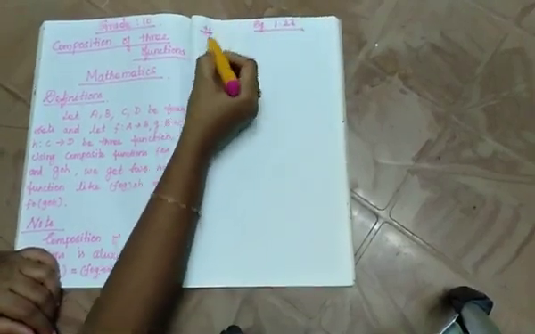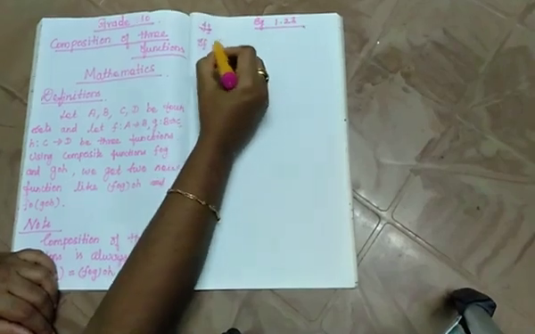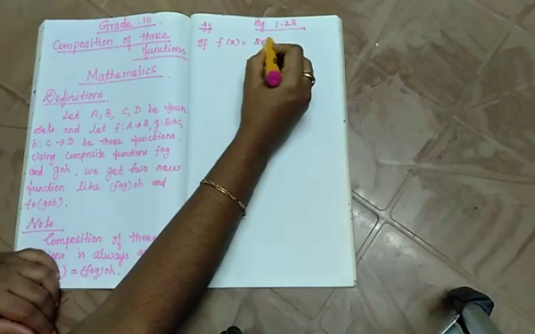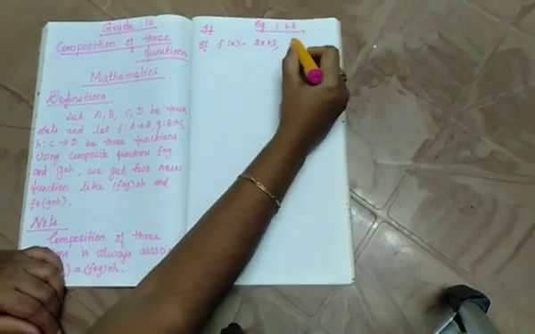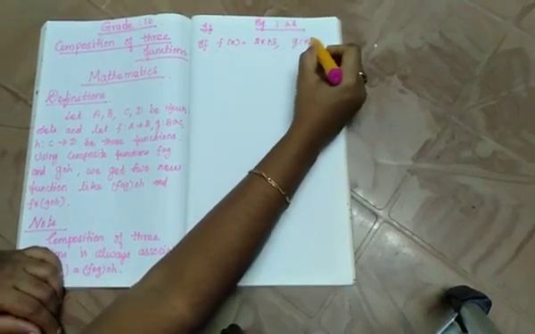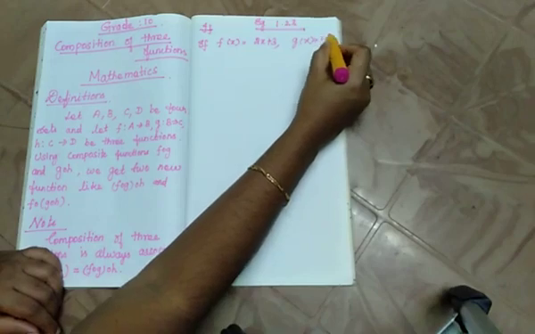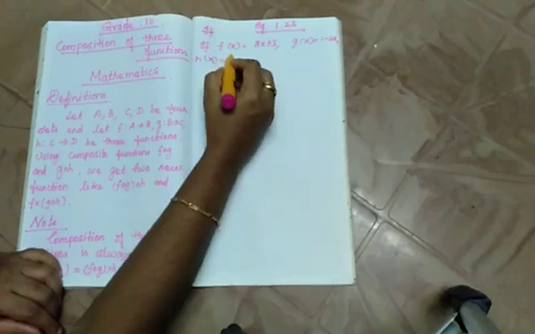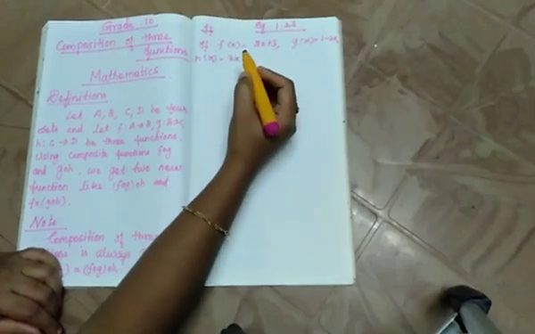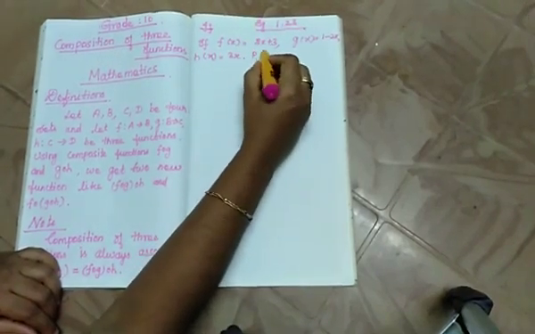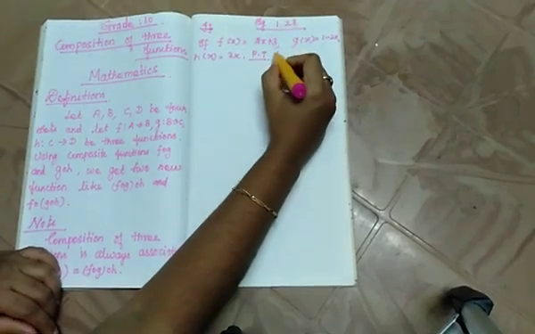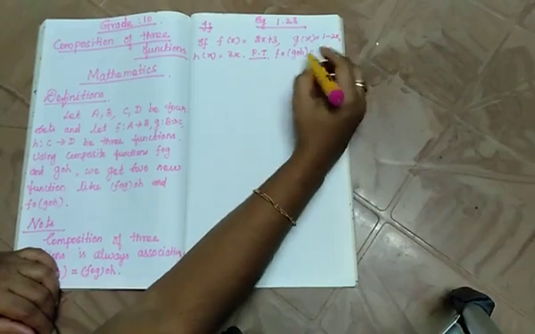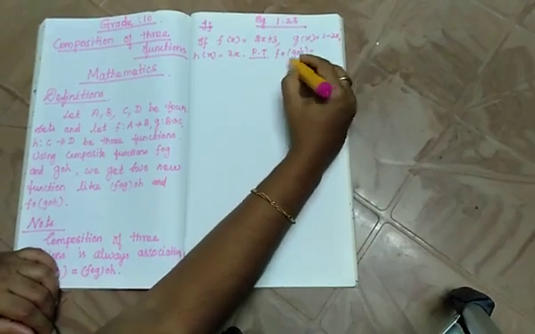If f of x is equal to 2x plus 3, g of x is equal to 1 minus 2x, h of x is equal to 3x, prove that (f of g) of h is equal to f of (g of h).